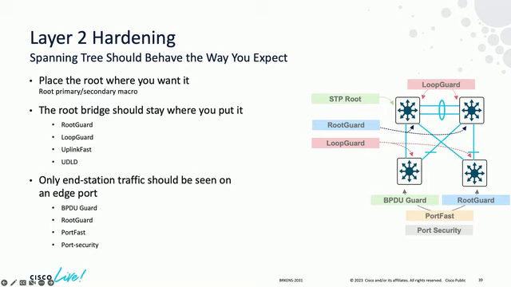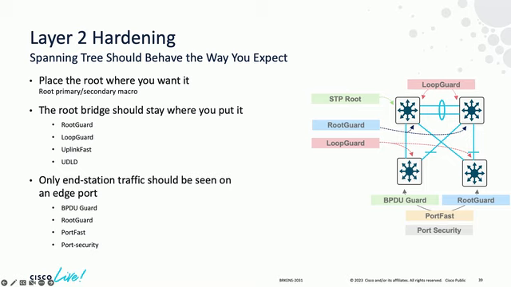You may wonder why we actually put here a root guard next to the BPDU guard. Well, these two features have a very unique way of reacting on situations where a BPDU is being detected or a superior BPDU is being detected.